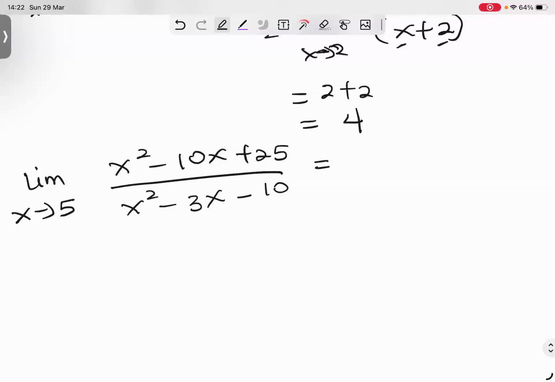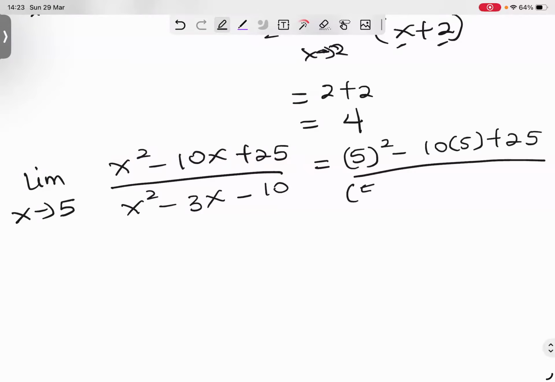From the quotient property, we apply the limit on the numerator. If we apply the limit on the numerator, we have 5 squared minus 10 times 5 plus 25, divided by 5 squared minus 3 times 5, and then minus 10.